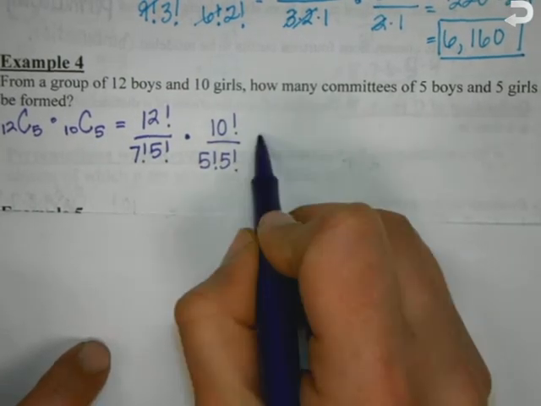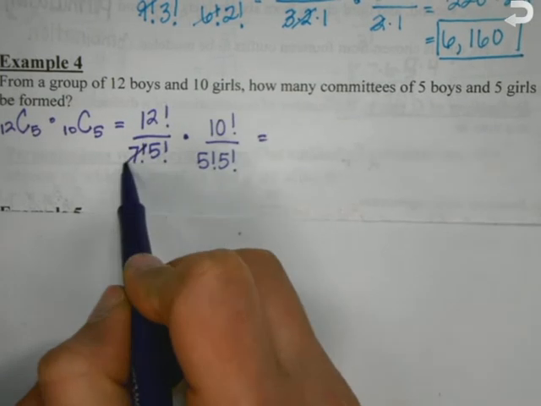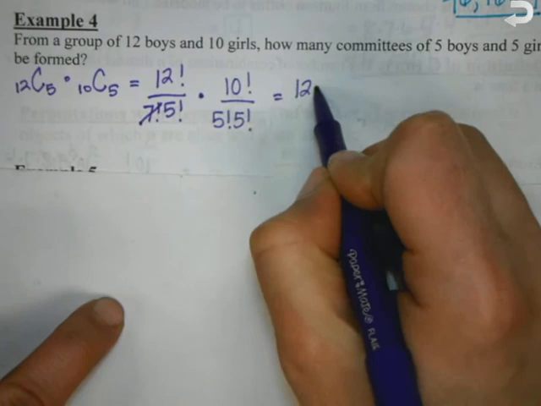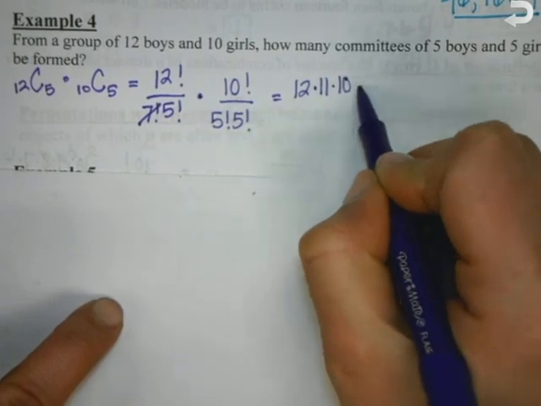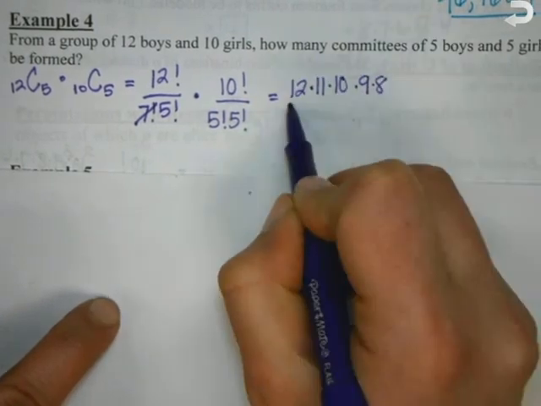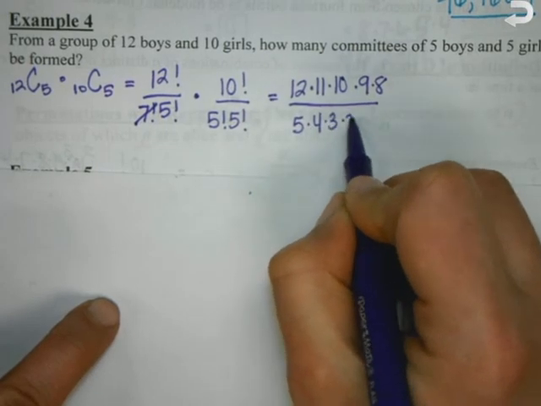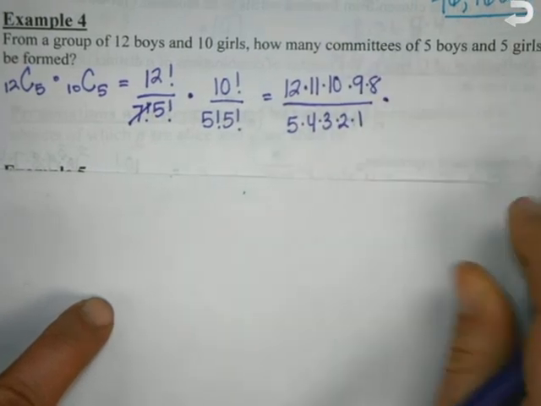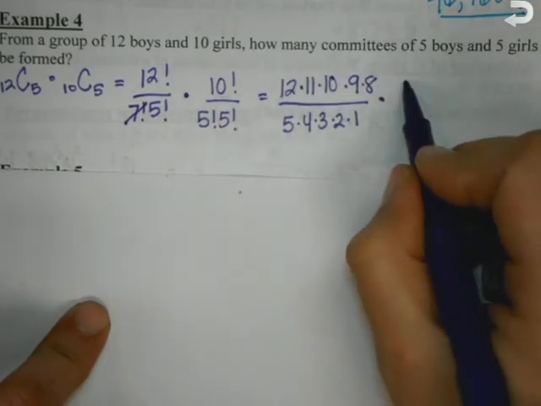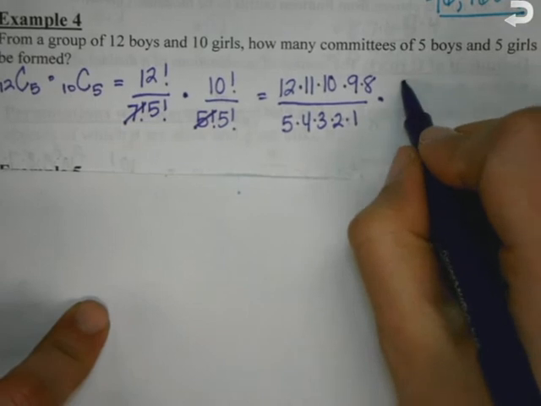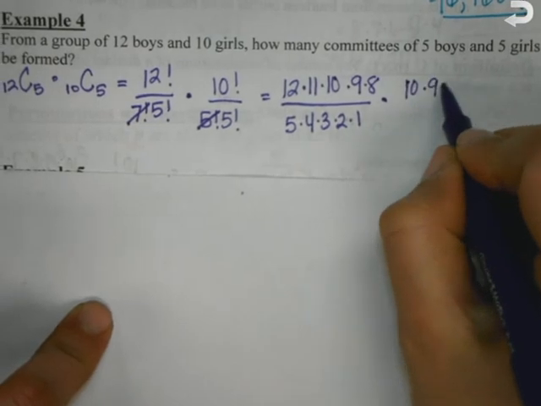12 times 11 times 10 times 9 times 8, all over, we still have 5, 4, 3, 2, 1, times 10 factorial, and it's going to cancel with 5 down from 5 factorial, so that's going to be 10, 9, 8, 7, 6, times 5, 4, 3, 2, 1.